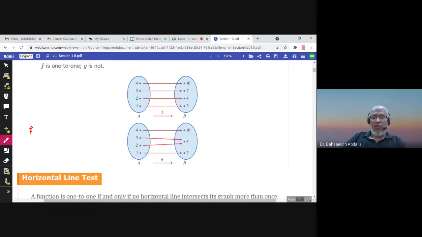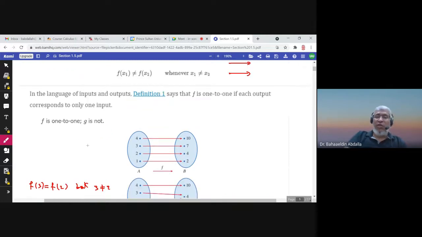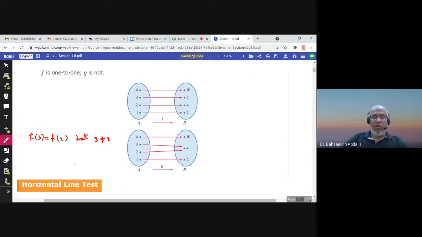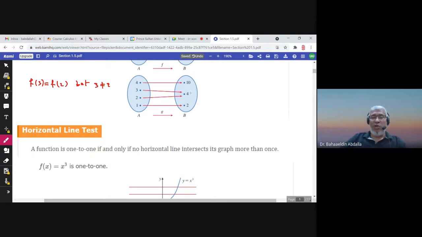So f of 3 equals f of 2, while 3 is not equal to 2. The definition: if x1 is not equal to x2, then f of x1 shouldn't be equal to f of x2. But what happened here is that 3 and 2 are different, but their images are the same, which is b, only one image. So this function is not one-to-one.